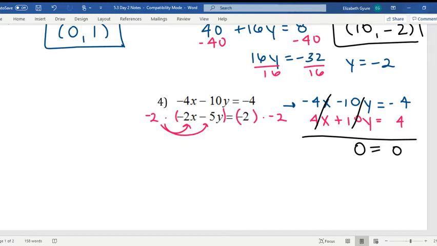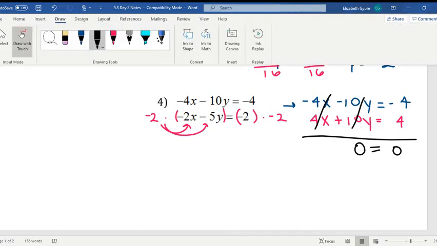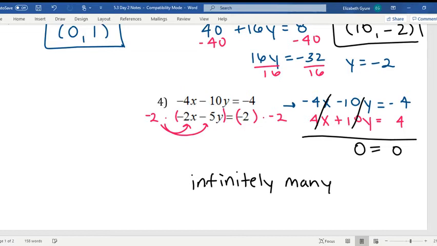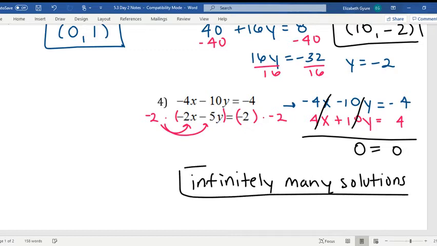Yeah, good, Annalise. If it is true, we say that we have infinitely many solutions. Good. What do we say if it's false? No solution, yeah. So if it's true, say infinitely many. If it's false, say no solution. Good.